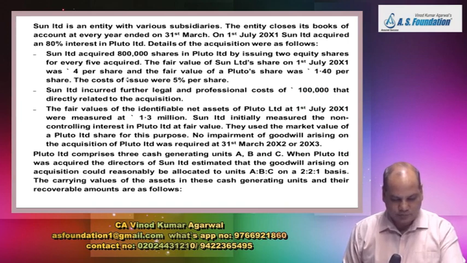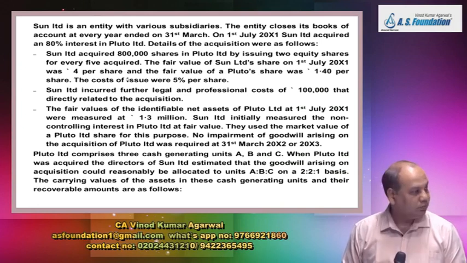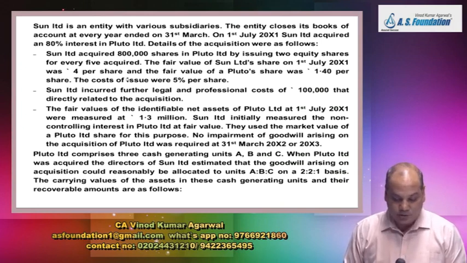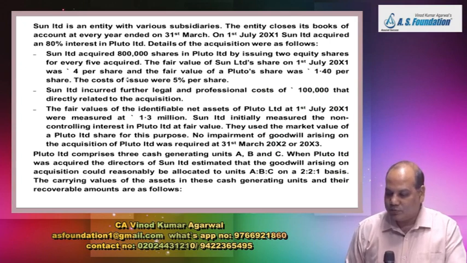Question 38 is a combination of two chapters, business combination and impairment. Sun Limited is an entity with various subsidiaries. The entity closes its books of account every year on 31st March.